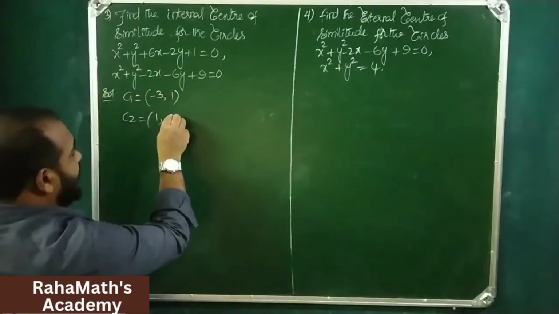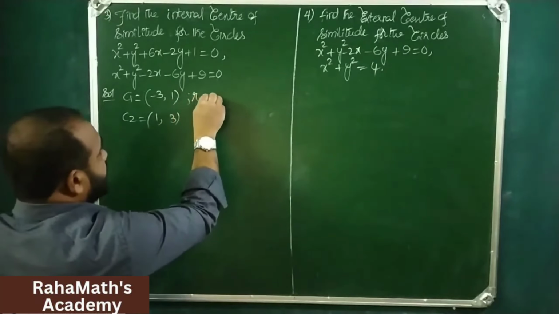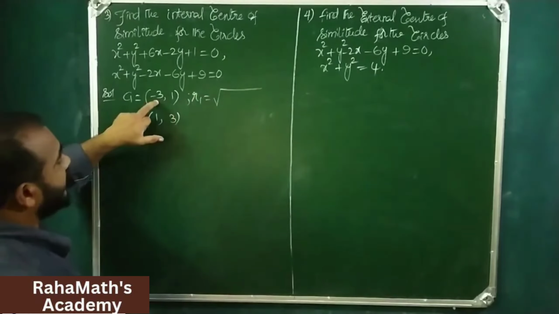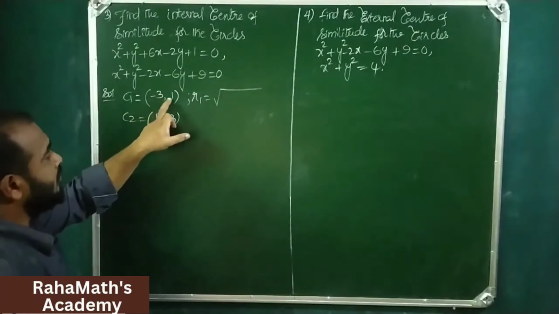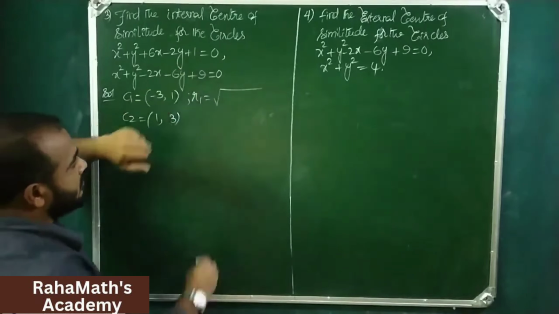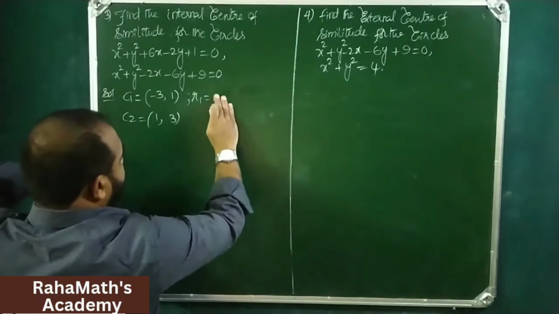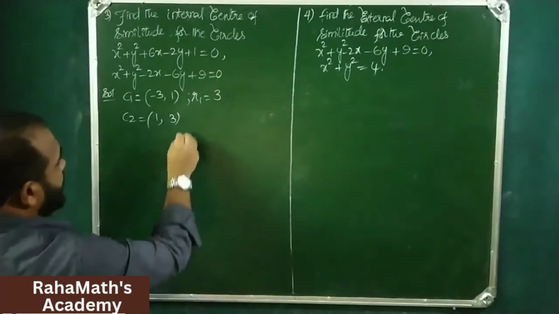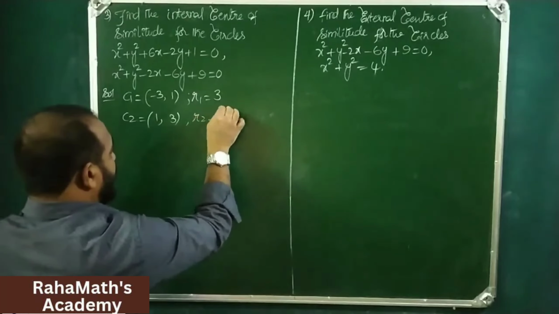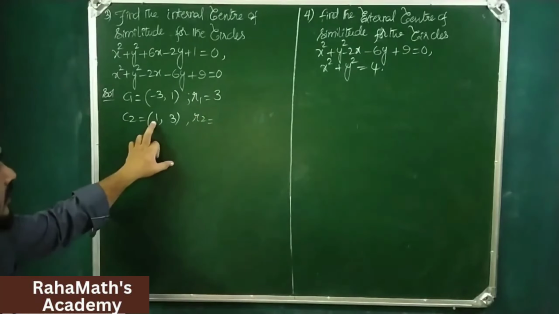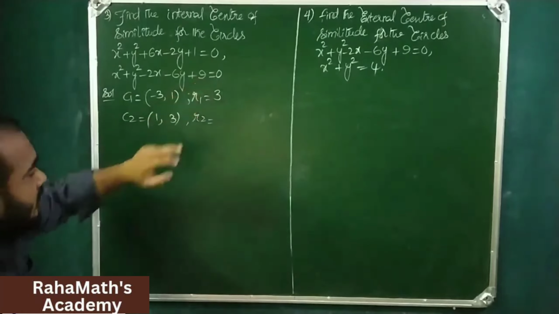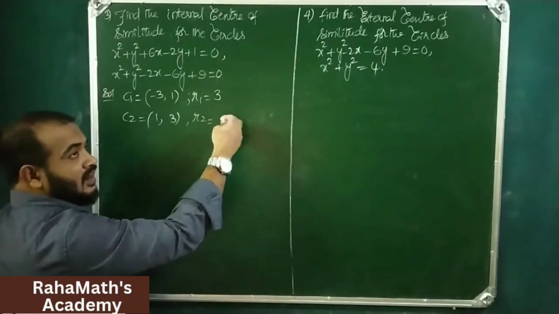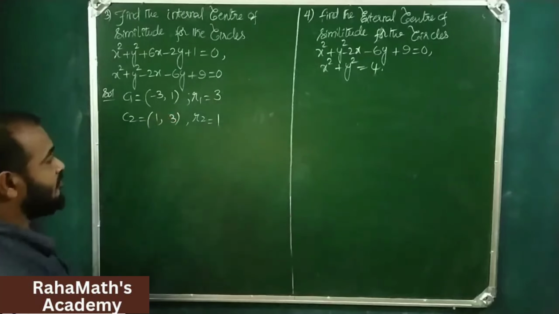So this is 3. And radius is equal to the square root of g square plus f square minus c. 3 square 9 plus 1, 10 minus 1, which is root 9, that is 3. R2 is equal to the square root of 1 square plus 3 square, so 10 minus 9 under root, so root 1 is 1.